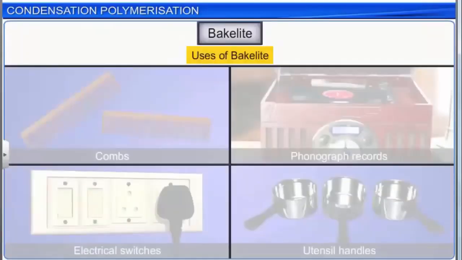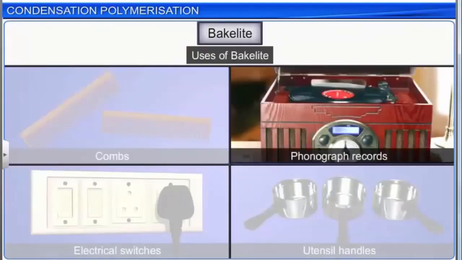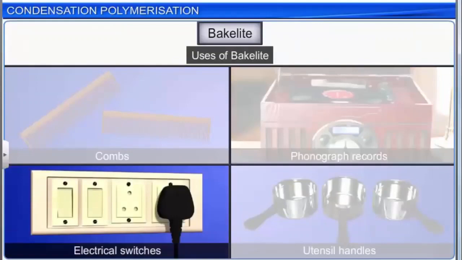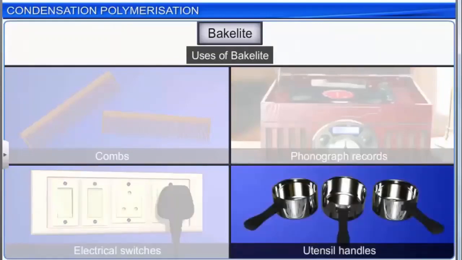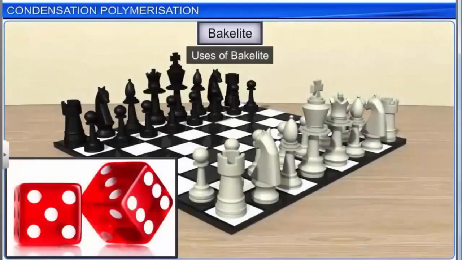Bakelite can be used to make combs, phonograph records, electrical switches, and utensil handles. Bakelite is also used as a porcelain substitute, such as in game pieces.